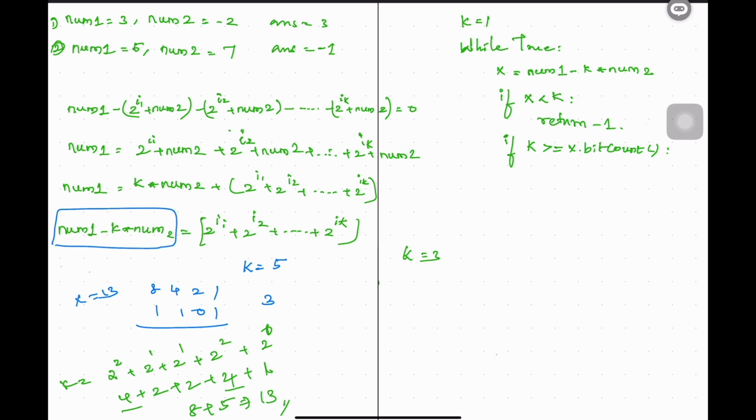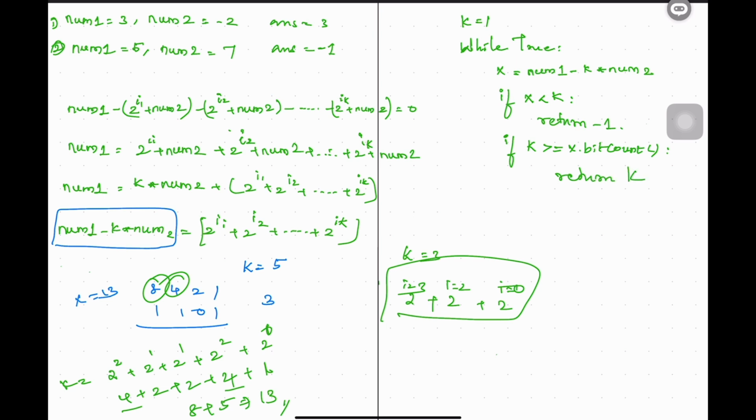Now how will you split it? 2 to the power of 3 plus 2 to the power of 2 plus 2 to the power of 0. Like this, i equals to 3, i equals to 2, i equals to 0 itself can form our x. So then you can straight away return k in that case, because we need the minimum operation.